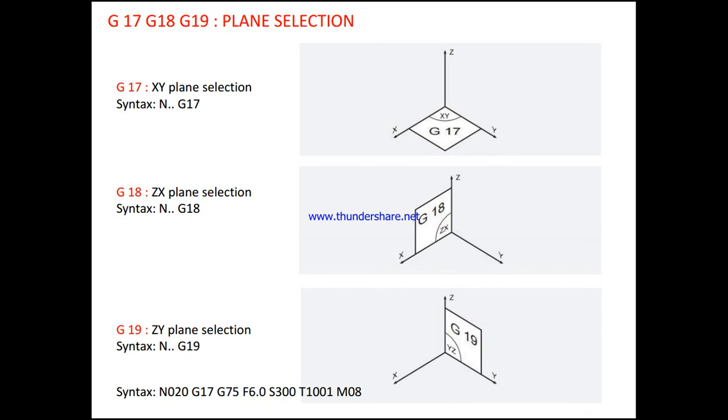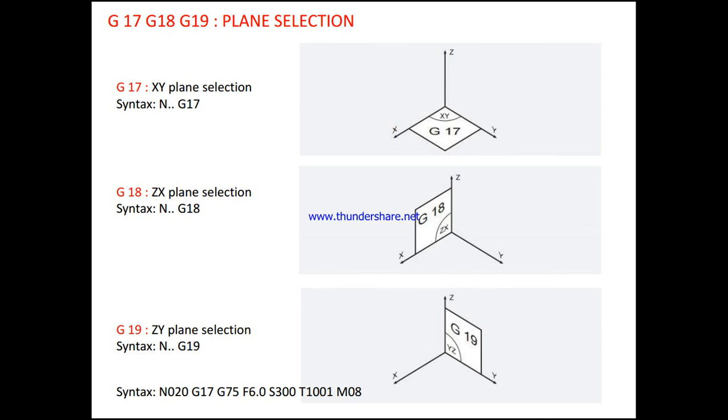Now we have the plane selection. How is plane selection done? G17, G18 and G19 are used for plane selection: XY, ZX and ZY. G17 is the XY plane selection, with syntax N, the sequence, and G17.